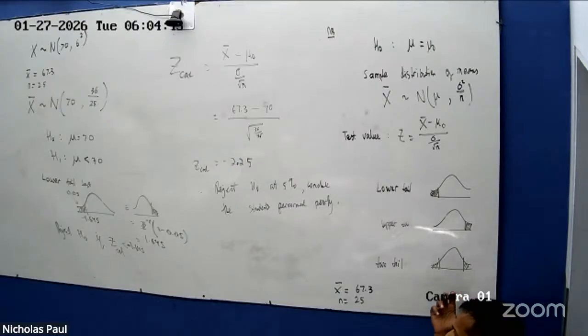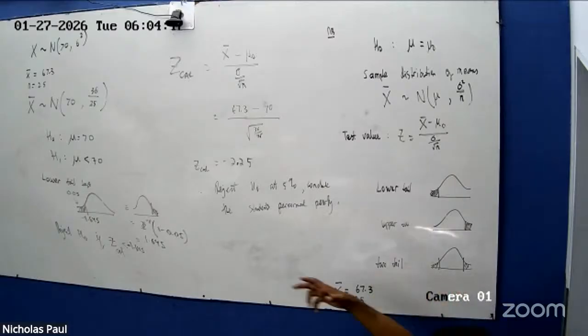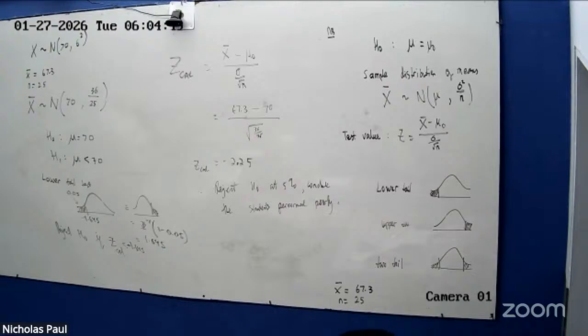Quick question before I give you the next one. What would happen if it's a two-tailed test? Suppose they said they want to see if the marks obtained were not equal to 7. What would change in this whole process? We're still testing at the 5% level.